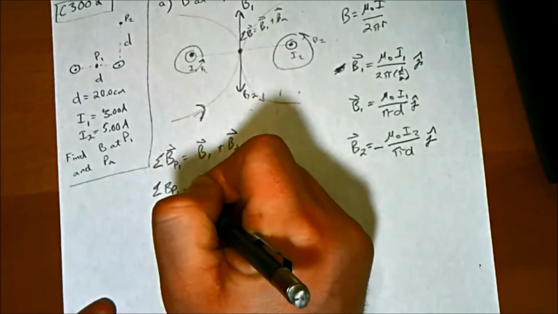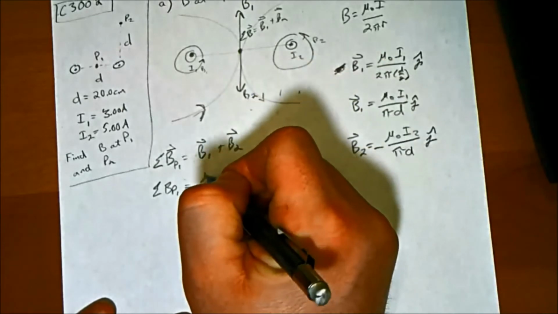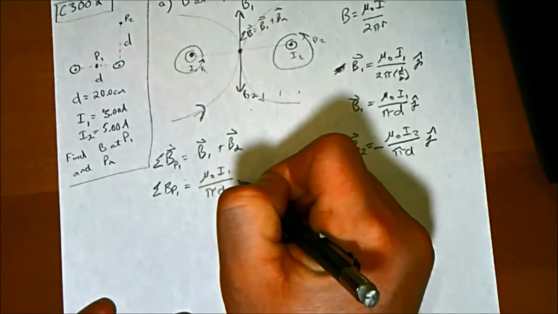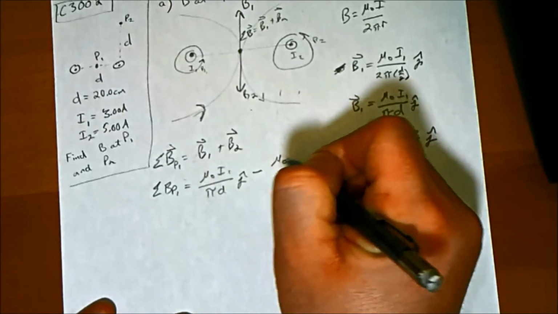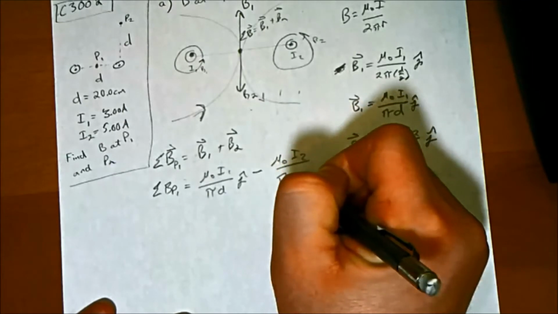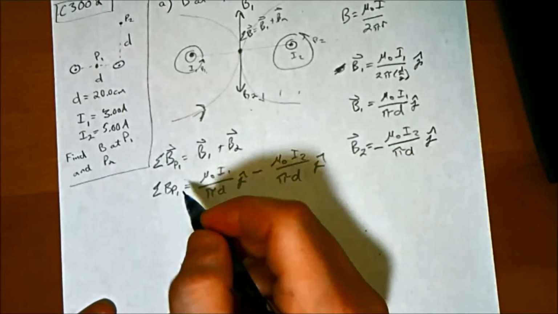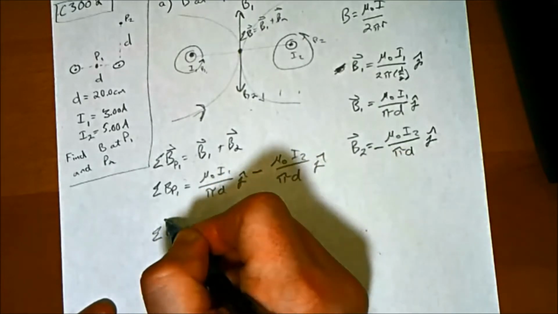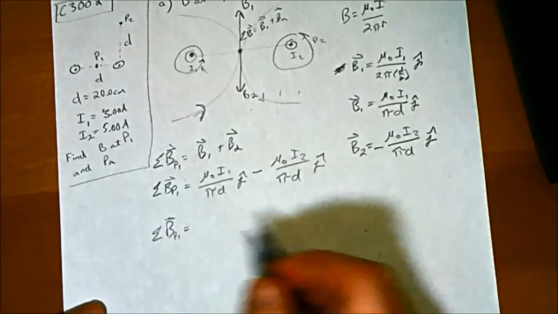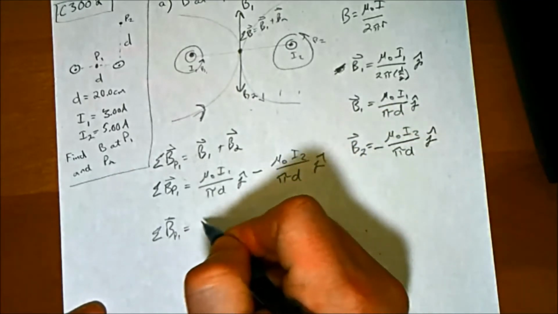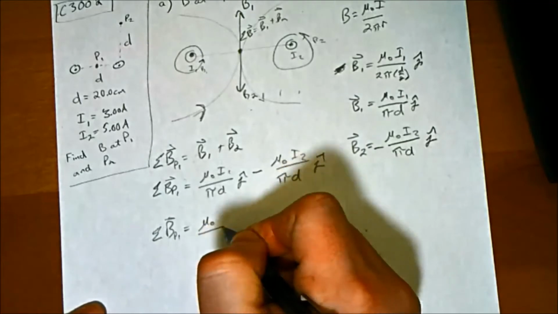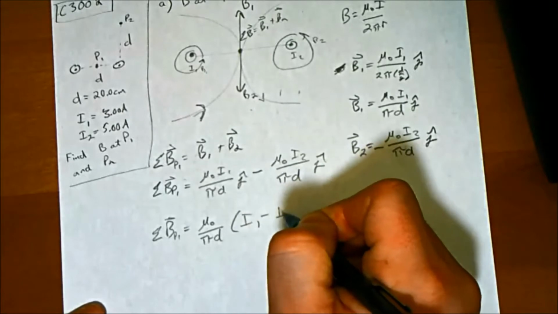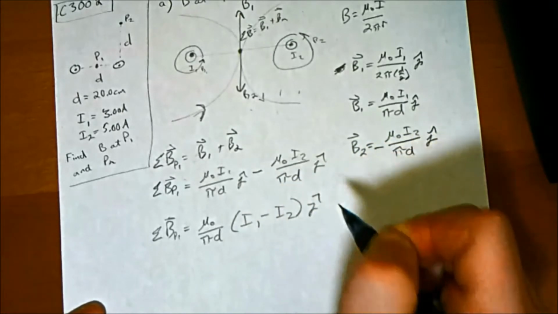So the total field at point P1 is mu naught I1 over pi d j hat minus mu naught I2 over pi d j hat. Lost a vector bar there. So I can factor out all the common terms and I get mu naught over pi d times (I1 minus I2) j hat.